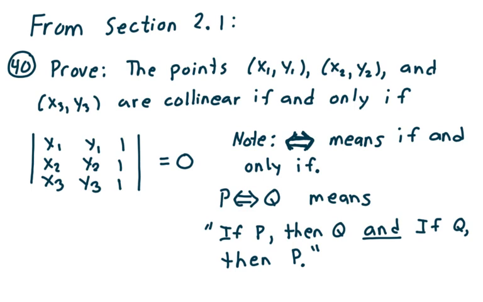When I write P if and only if Q, keep in mind P and Q are statements. An example of a statement can be 2 plus 3 is 5. So when I say P if and only if Q, this means if P then Q, and at the same time, if Q then P.